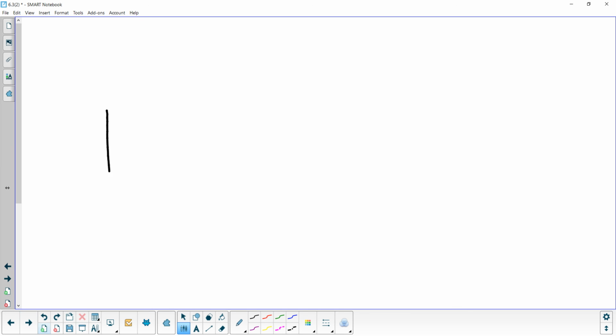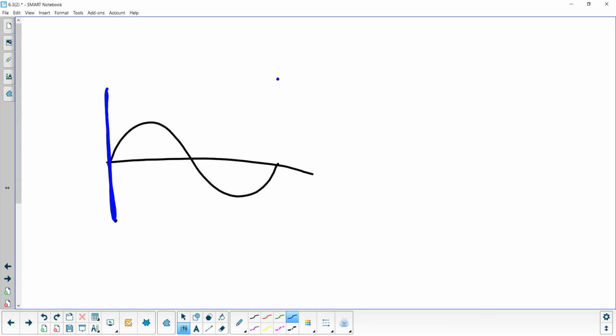If you have a graph like this, and you were to measure from here to there, what has that distance been for every problem we've done so far? What's the standard length of a cycle for sine or cosine?